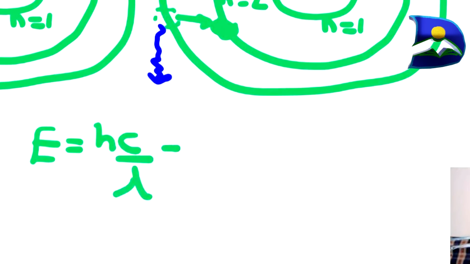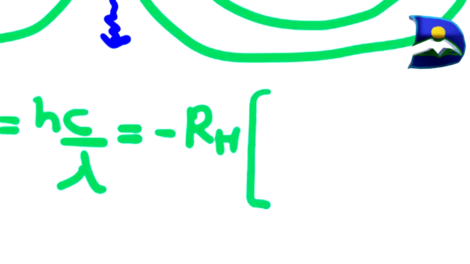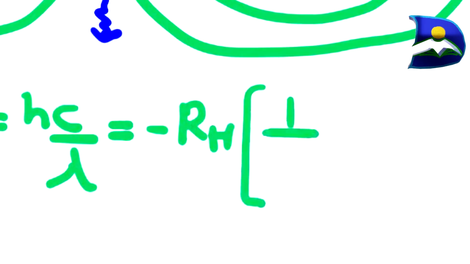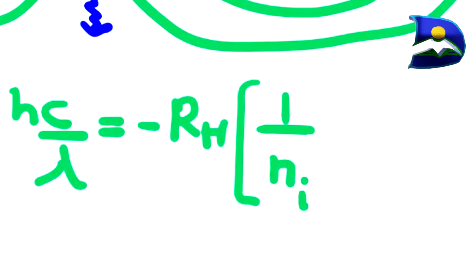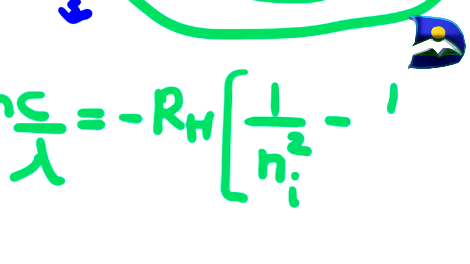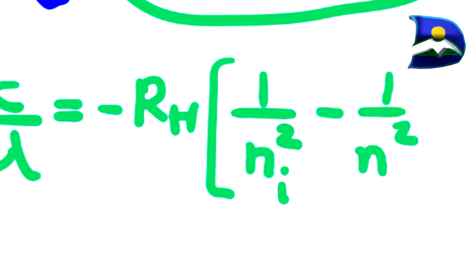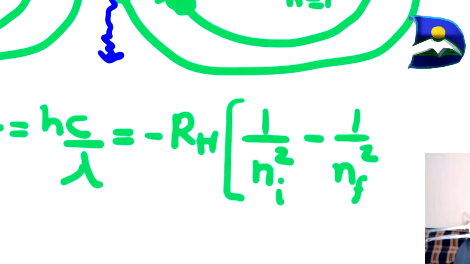And this expression is equal to negative the Rydberg constant multiplied by 1 over n initial squared minus 1 over n final squared.